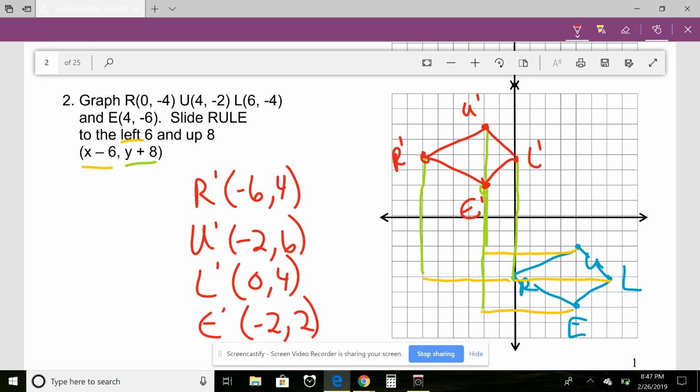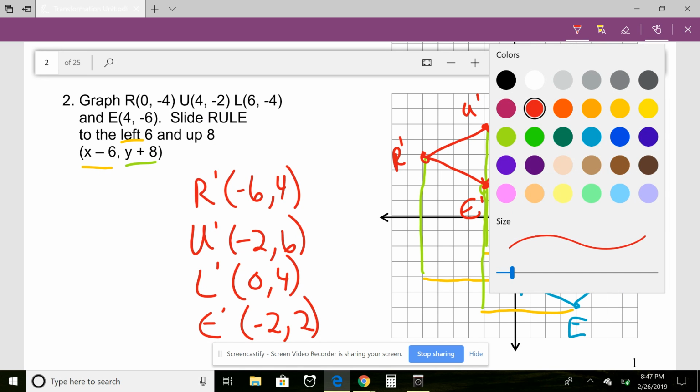And you can also double check by using the rules for each of the points, right?